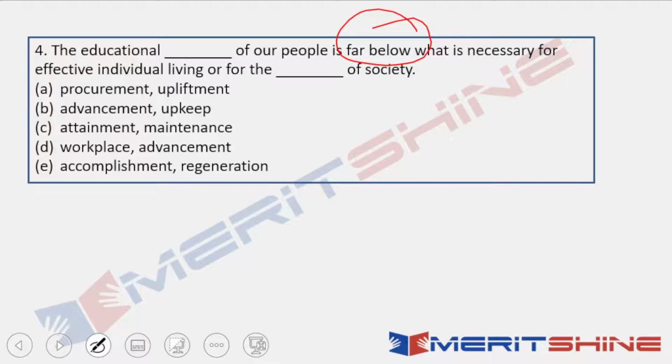That's what they are saying, right? So, in both of these blanks, there would be positive sounding statements because the negative part is already addressed in this far below. So, whatever would be here would be positive in nature, because then we would say that educational qualification or whatever is not up to the mark and it's not good for the society. Okay? So, that we can say.